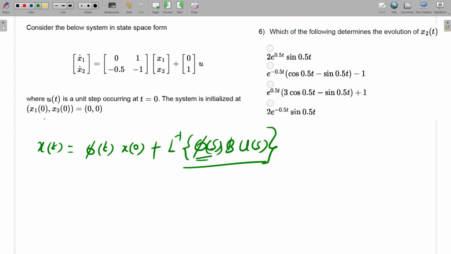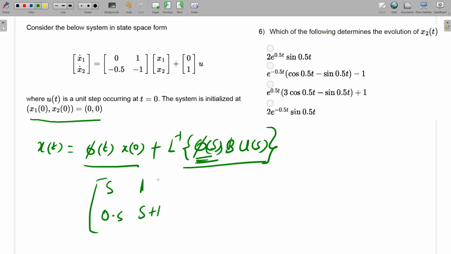So what is the x0? X0 is 0, so this term will be 0. So I'm going to write the phi of s value here. So phi of s will be sI minus A inverse. So sI minus A will be s, 1, 0.5, s plus 1.